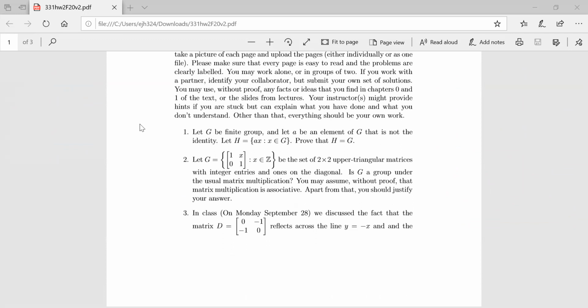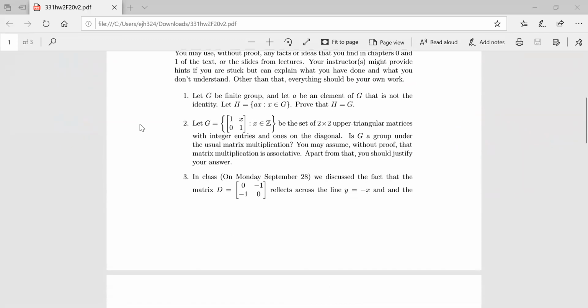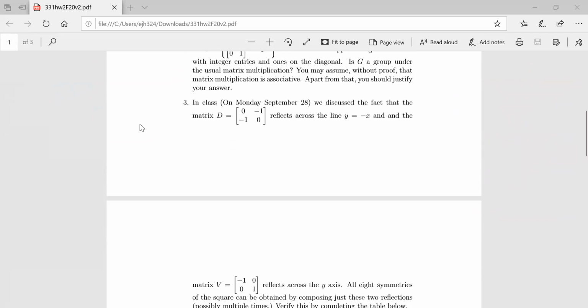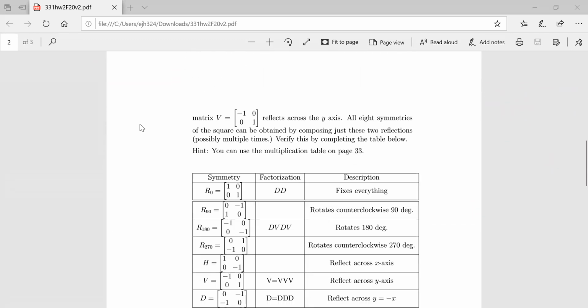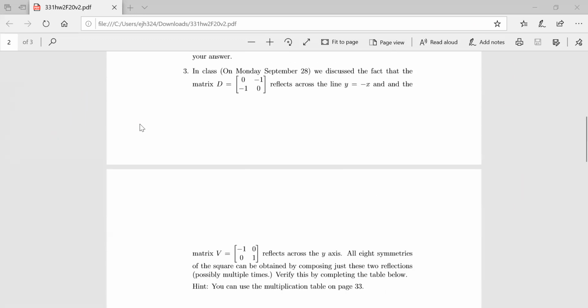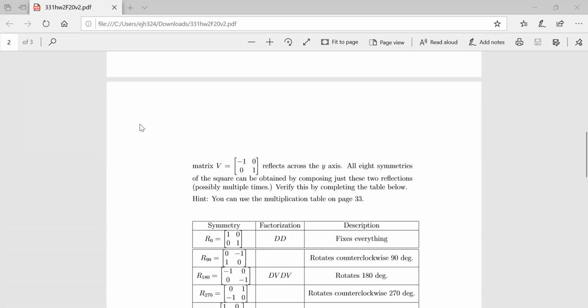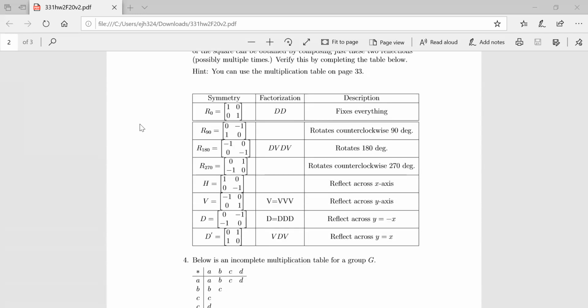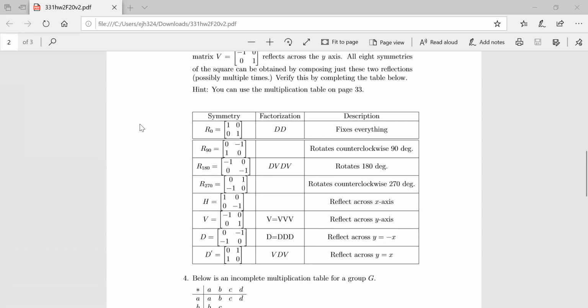I believe I did both 1 and 2, right? Yeah. 3, I think, should just be kind of computationally, but not conceptually hard. Is that correct? Yeah.